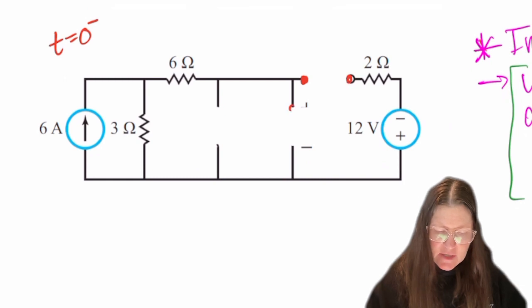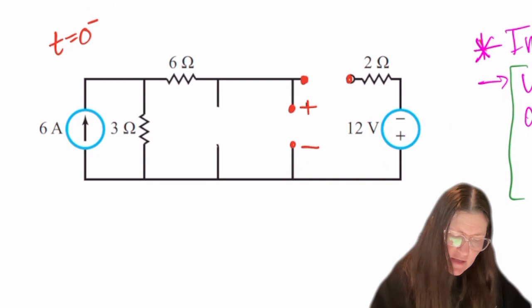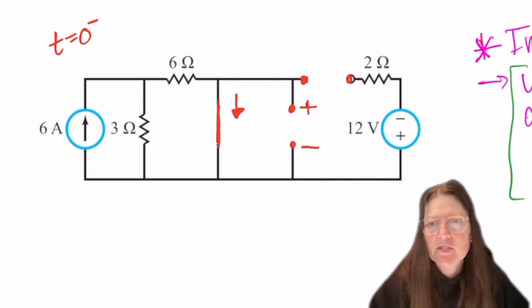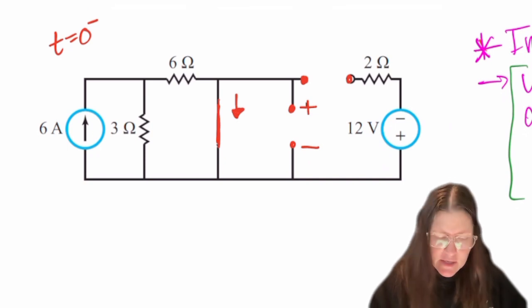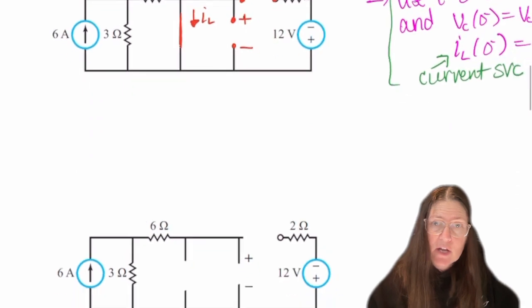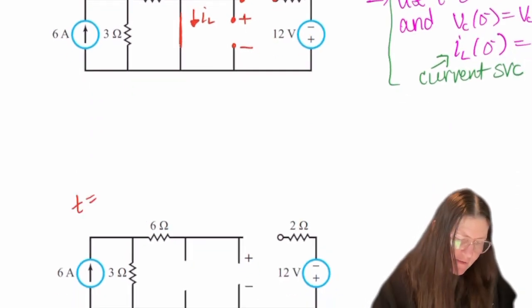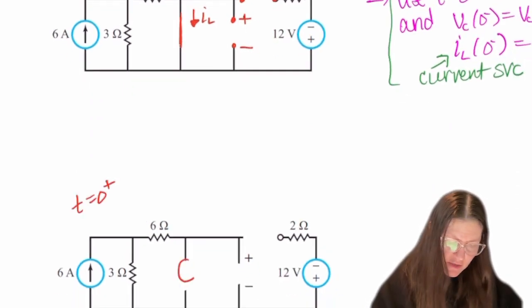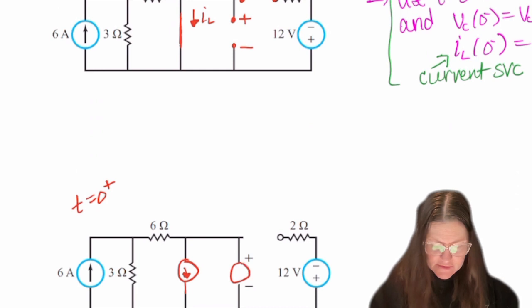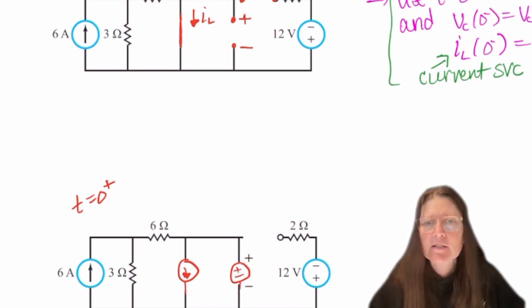And this has been sitting here a long time, and this is plus to minus, and then this is going to be a wire. It was not specified which direction IL is, so I can put IL. What I need to note is which direction it is so that when I draw the 0 plus, I just draw the current in the same direction. So that will be going down, and then my voltage also just needs to stay the same polarity as it is in t equals 0 minus.